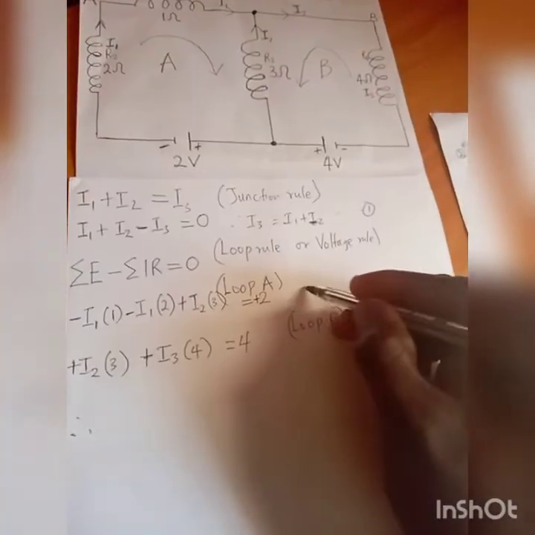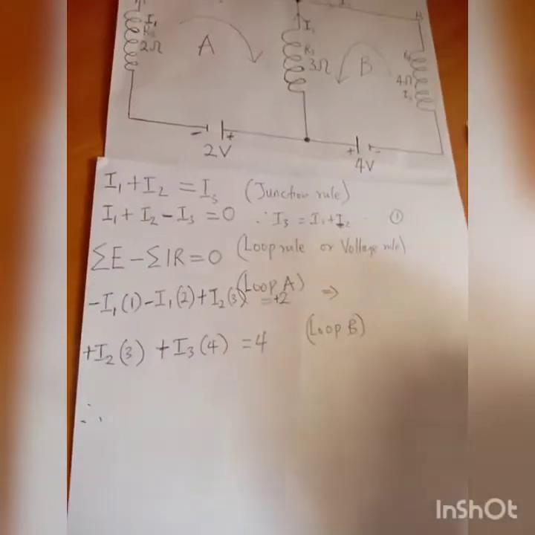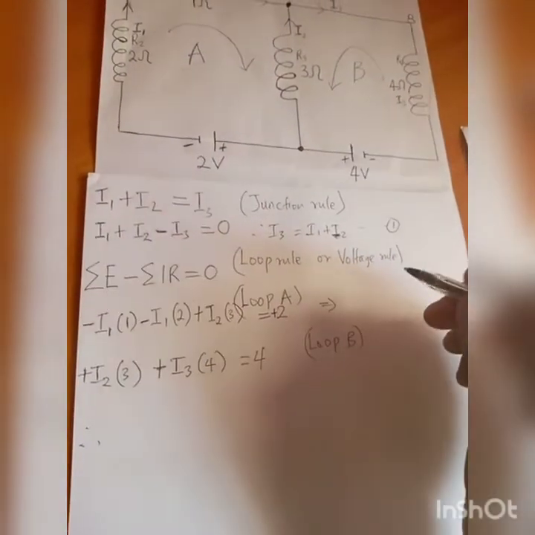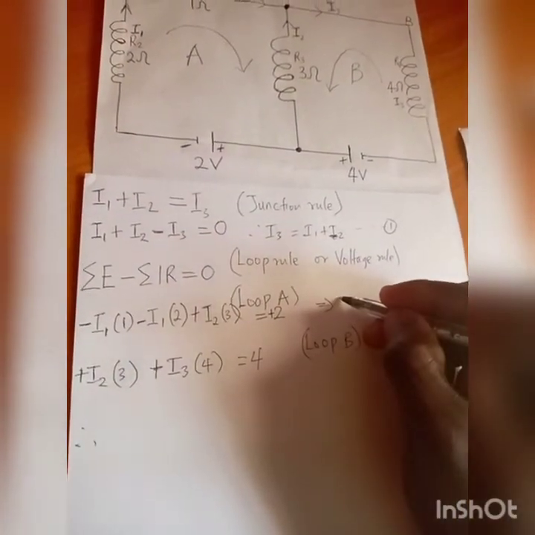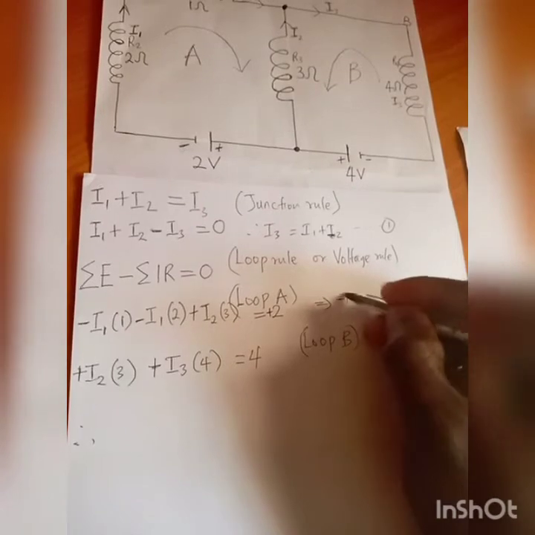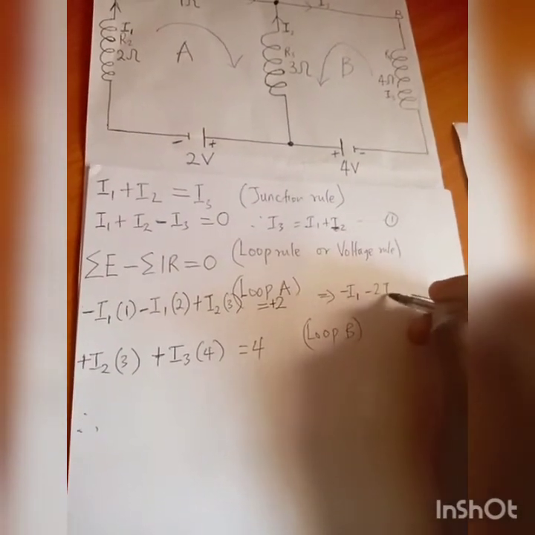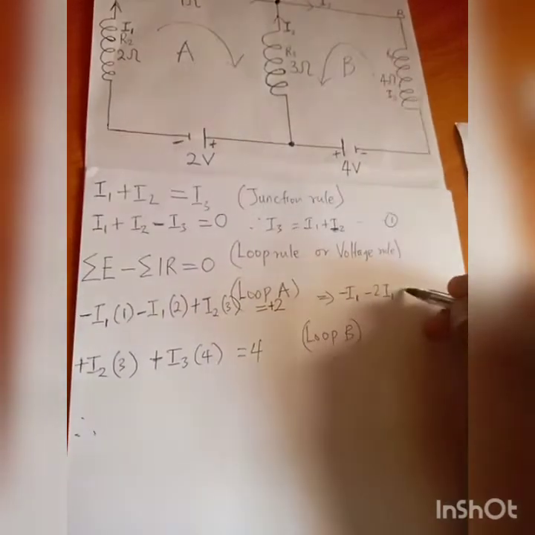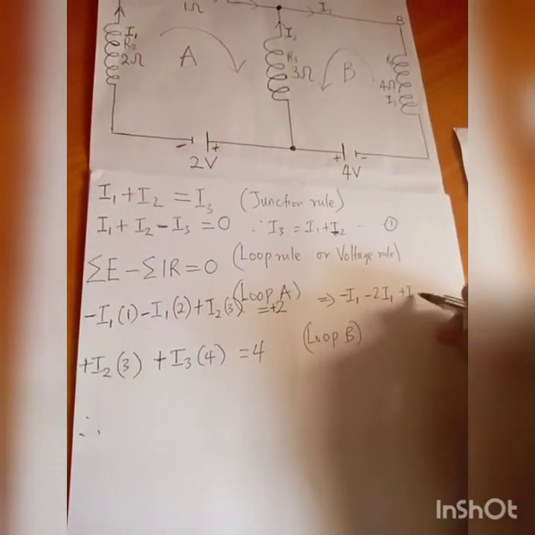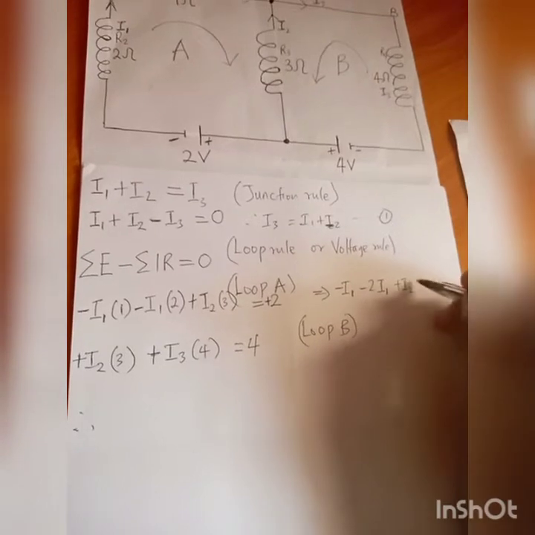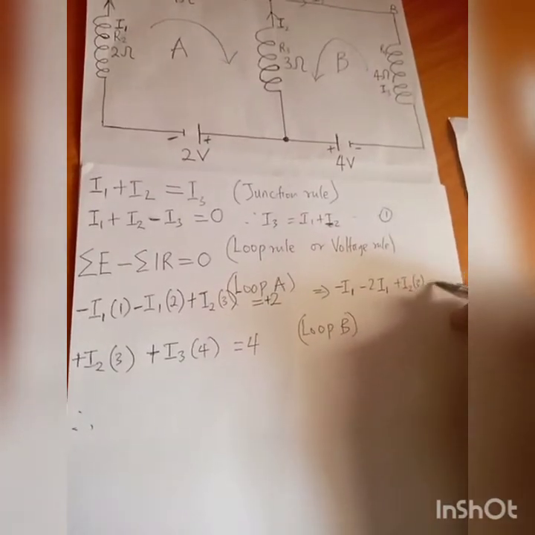So here we have it that minus I1 minus 2I1 plus 3I2 equal to 2.